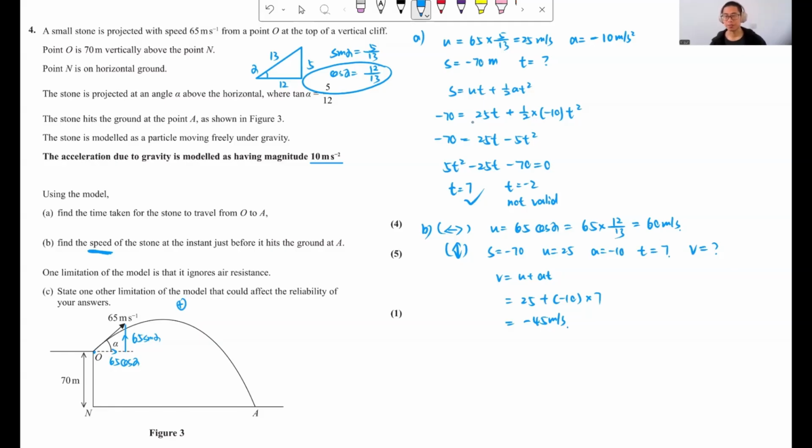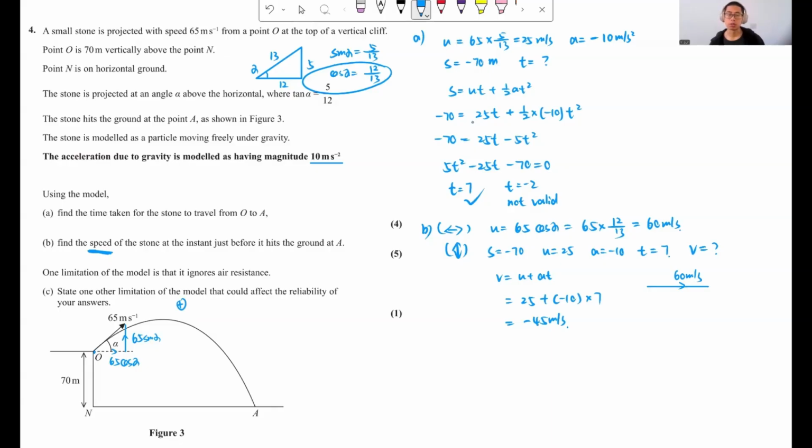So we can just do Pythagoras straight away, but to make it easier for you to see, I can draw it out. Horizontal is positive 60 meters per second, so 60 goes to the right-hand side, because positive means the same direction as before. For the vertical direction, it's negative 45 meters per second.